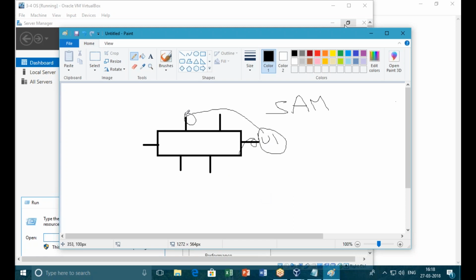When he tries to log in on this system, the SAM database will reject his login because we had not created a user account on this system. If user U1 is already created there, then he will be able to log in on the system. It means you can log in only on that system in which you're having the user account. Otherwise, we cannot log in.